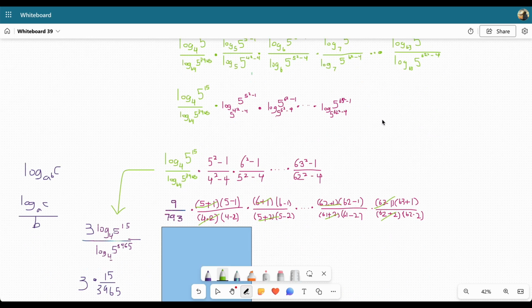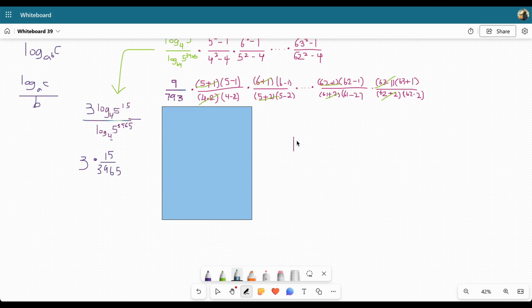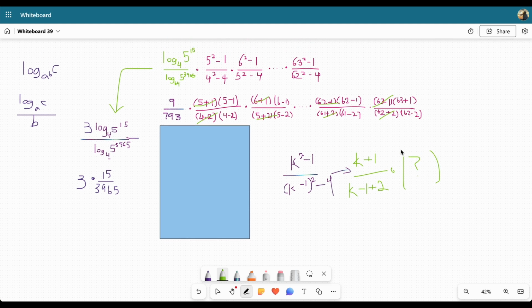And there is going to be a factor of k plus 1 here. It's also going to be a k minus 1 plus 2, which is also k plus 1. So each of these has one of these terms times something. So now we've shown that each one of these fractions has something that we can cancel out.